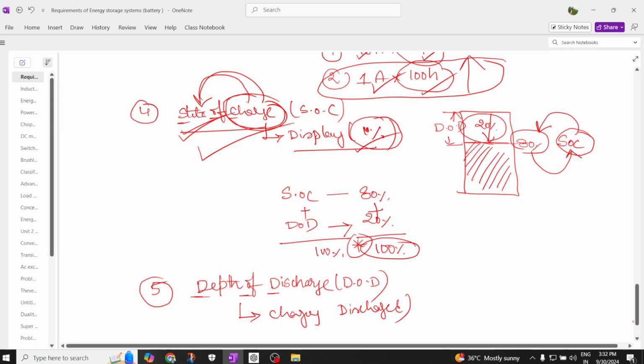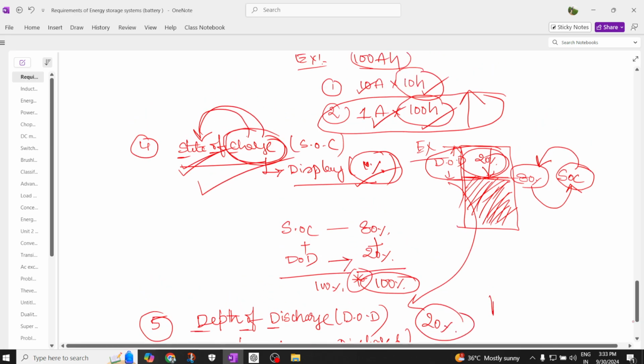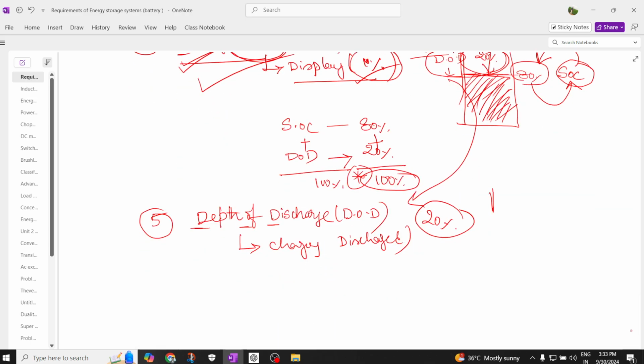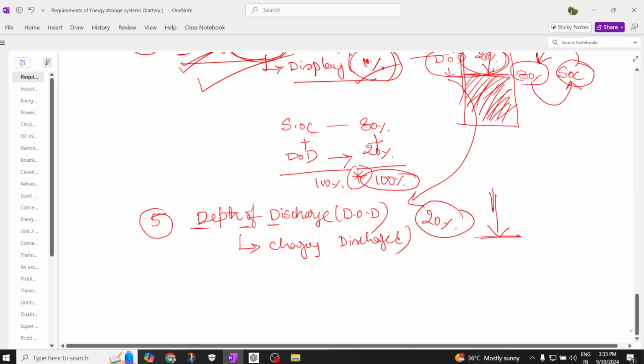Taking this battery as an example, how much charging is available? 80% is available, and 20% of the charge has already been discharged. This is called the depth of discharge.